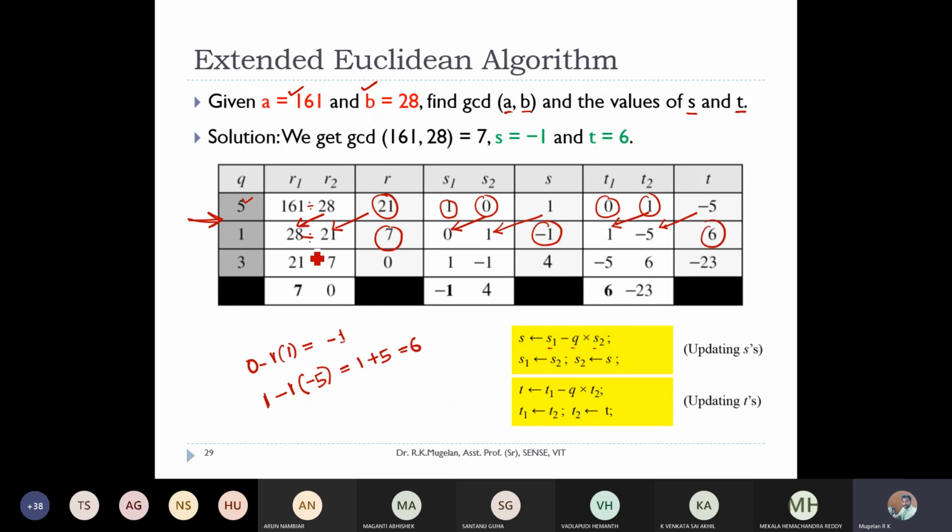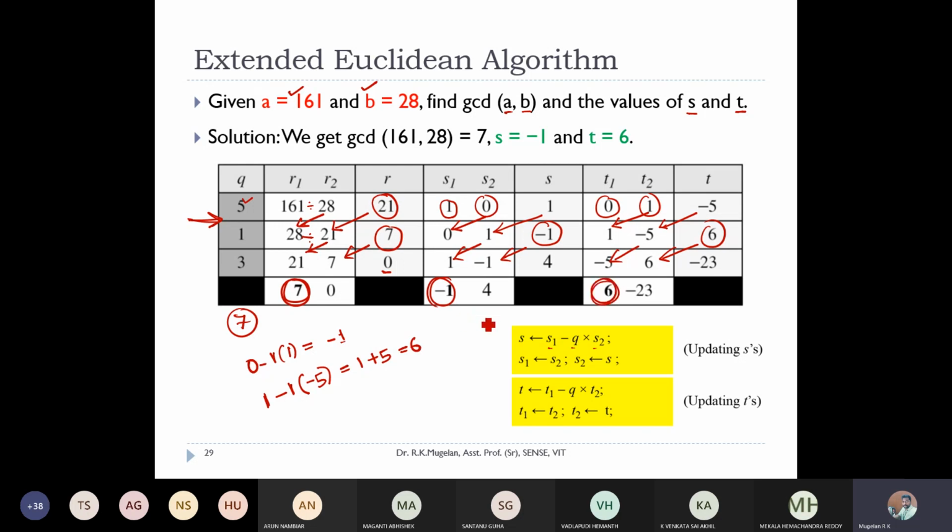And again, in the next step, I have 21 here, 7 here, 1, minus 1, minus 5 and 6, and I perform the same thing. I got the value of the remainder as 0, which ends the process, and the GCD is 7. And here the value of S is minus 1 and the value of T is 6.